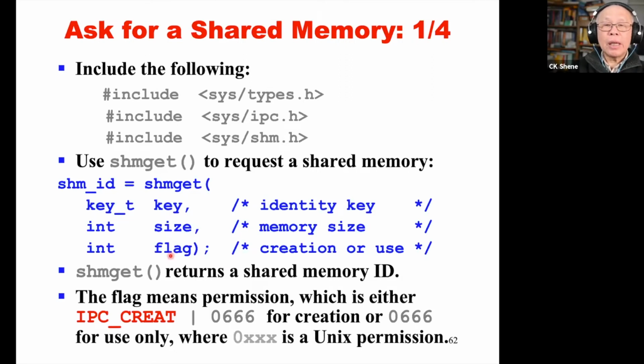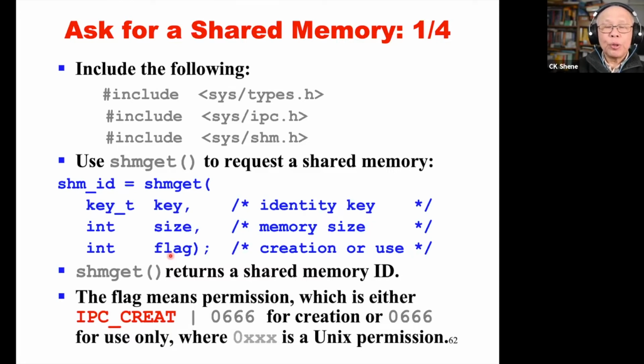This flag indicates two things: whether you are going to create the shared memory or you just want to use the shared memory. Now, once you have a shared memory, you can also specify permission, how that piece of shared memory will be used and by whom.